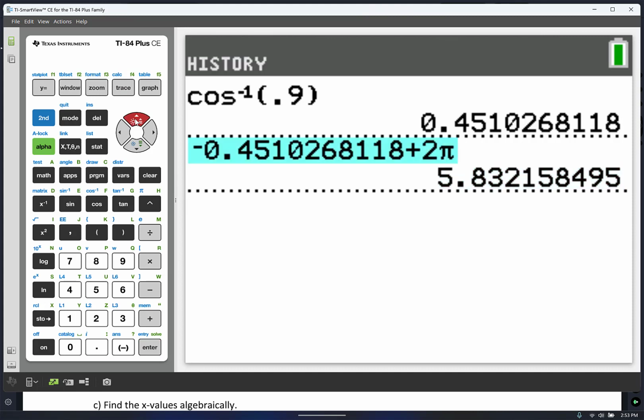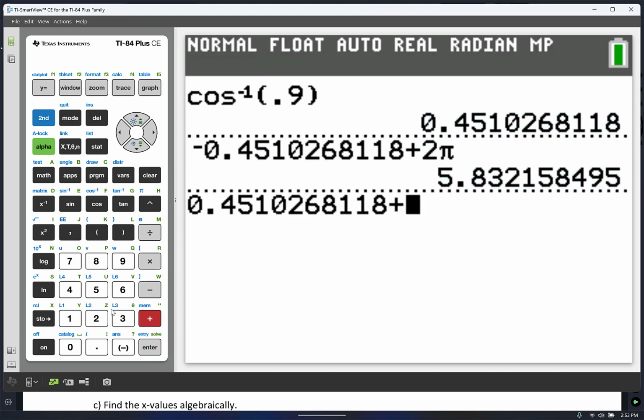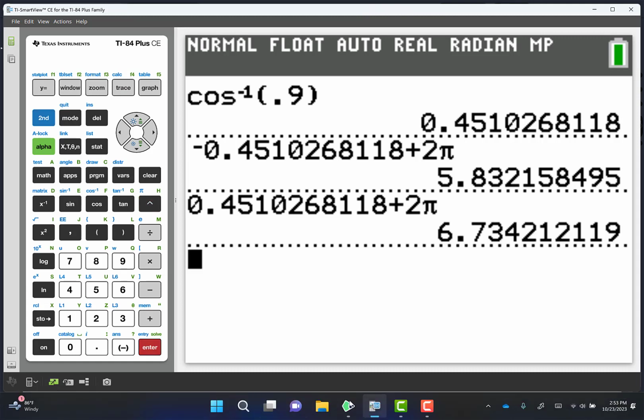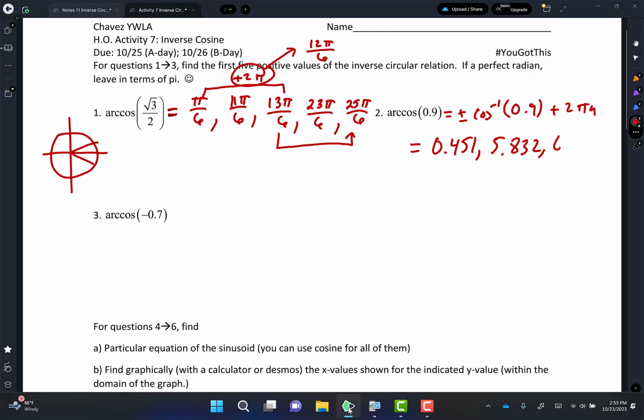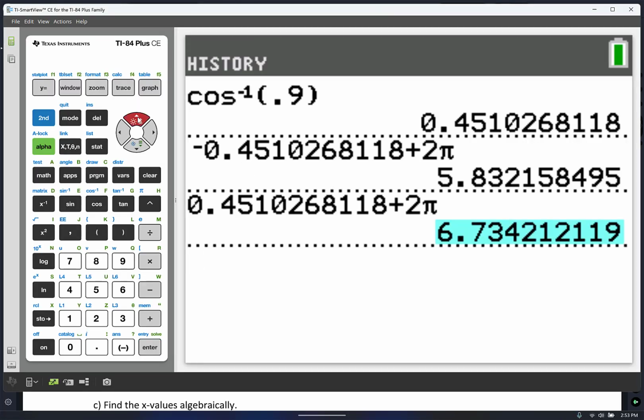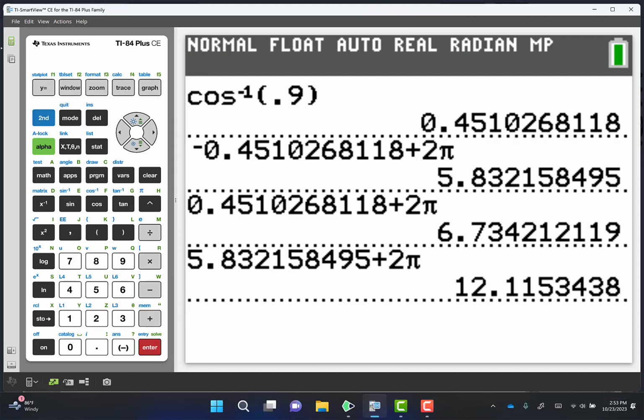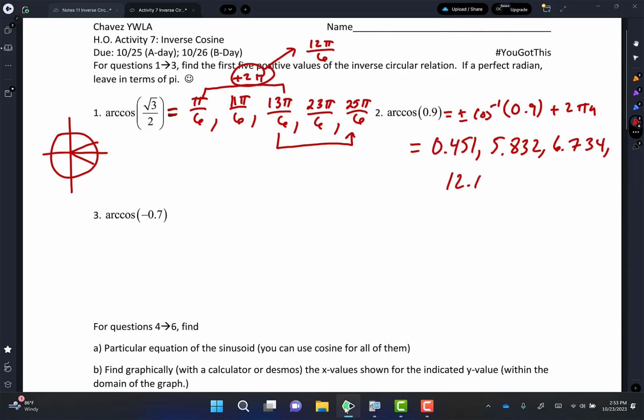So I scroll up, I go to this one, push enter, plus 2 pi. 6.734, at least 3 digits after the decimal. 6.734, comma. I go to the 5.832 and I add 2 pi. 12.115. 1, 2, 3, 4, and you need one more.